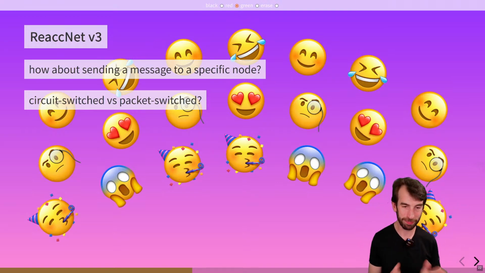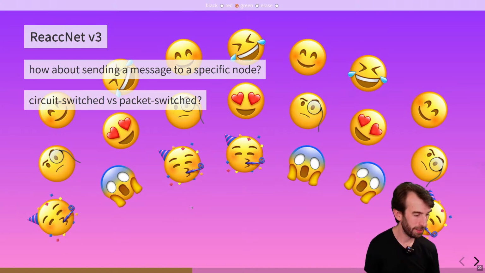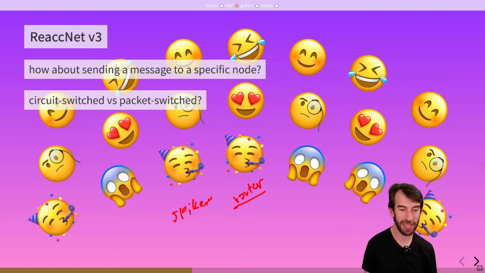Here's the thing. I'm just going to pick people in the audience. Spike is going to be the modem, or the router. You're going to send a message to Spike by using the celebration emoji first.